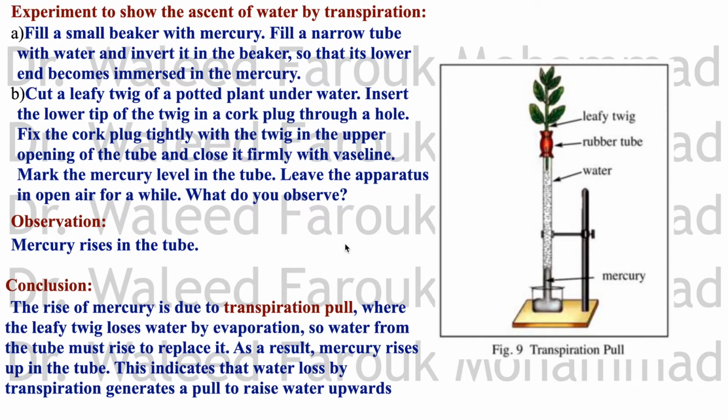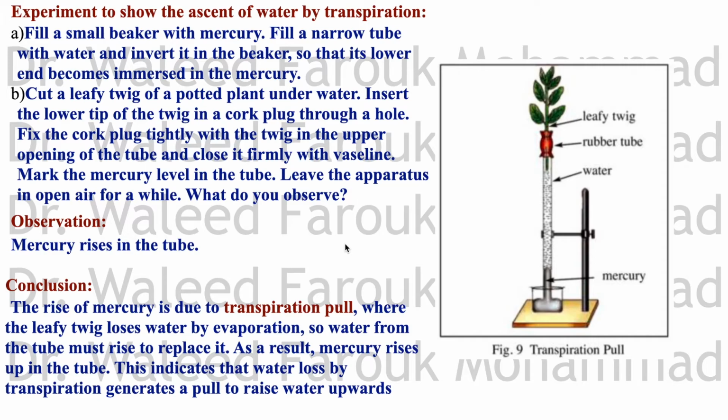Why? To fill in the space left by the transpiration of fluid from the leaflets of the plant. Because transpiration occurred, this led to a reduction in the amount of water in the tube.